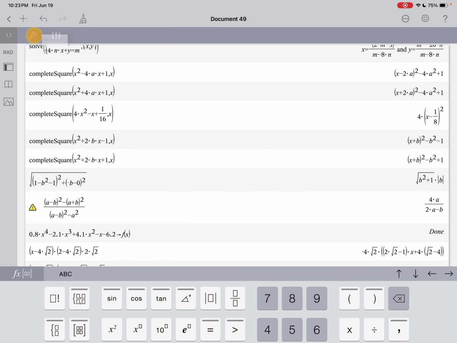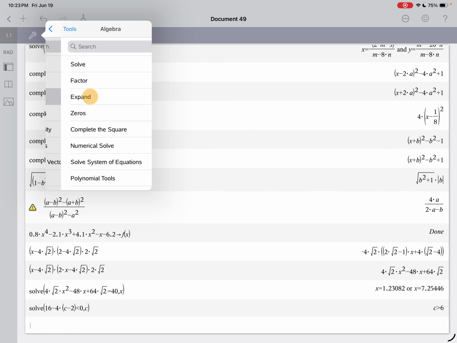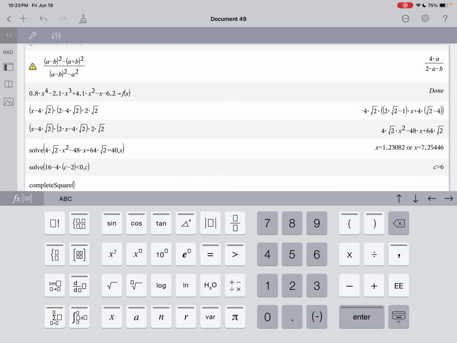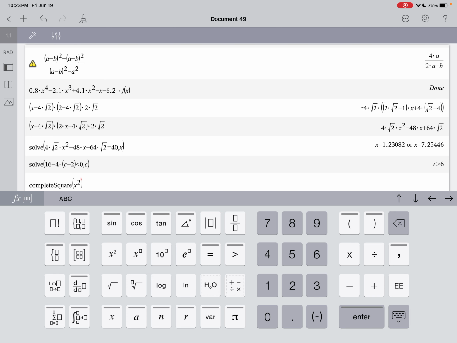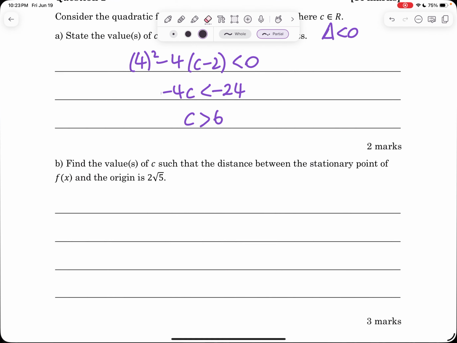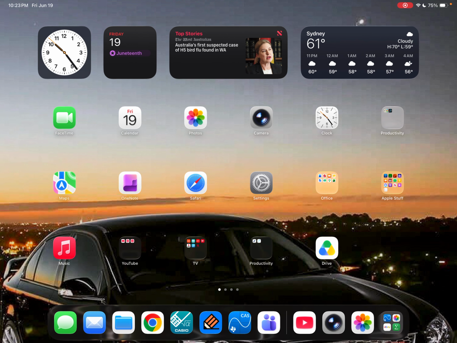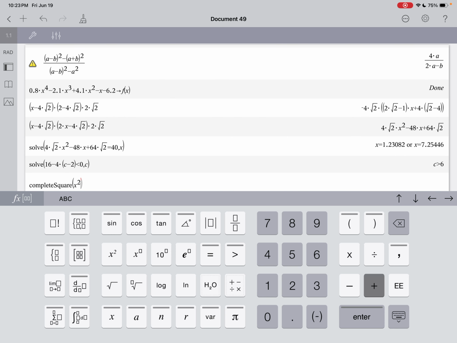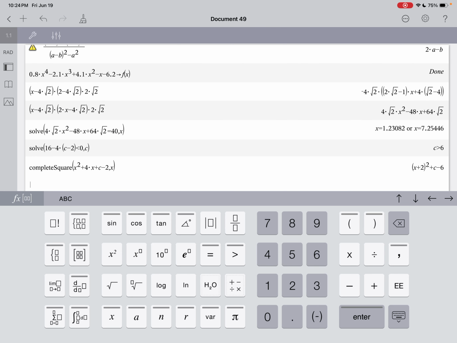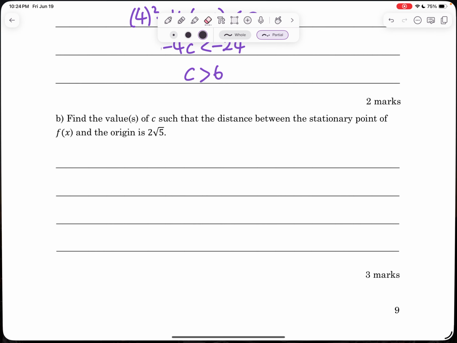So, algebra, complete the square, x squared plus 4x plus c minus 2, comma, x. Okay, so negative 2, c minus 6.